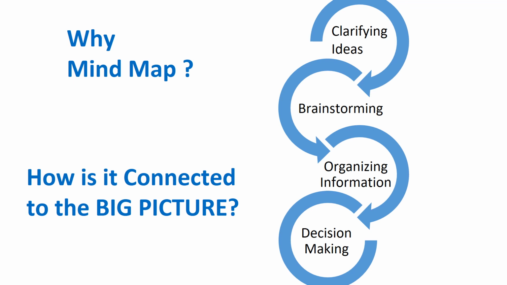When you are creating a mind web, to pull us back to the beginning, mind webs are connected to the big picture. It's a way to visualize and organize your ideas, how you see all the pieces fitting together. To achieve this, it is basically a 4-part plan. First begins with clarifying ideas. What are your ideas?